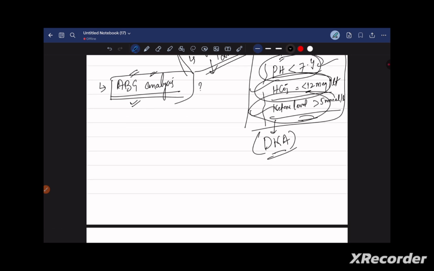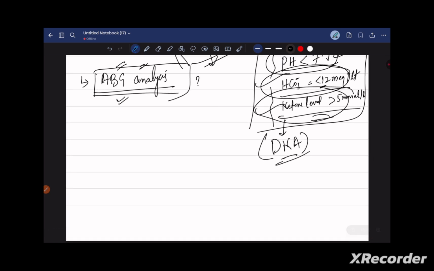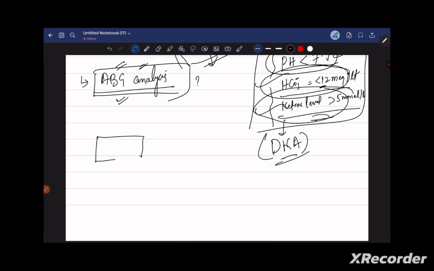Now, one more thing that you are going to see in DKA patients, we will deal with separately. Normally in our body, in cells, there are special types of receptors known as potassium hydrogen exchangers.